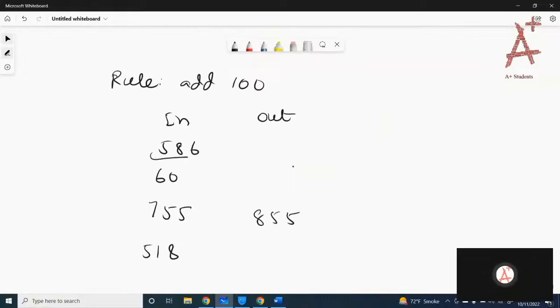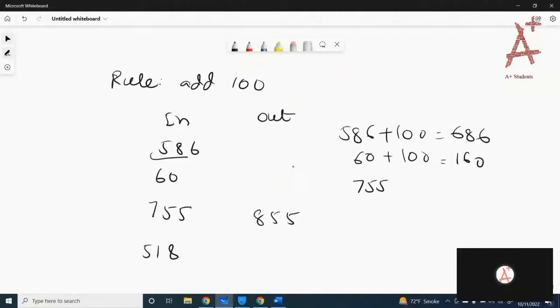So just add 100 to 586. So 586 plus 100 is 686. Then 60 plus 100 is 160.